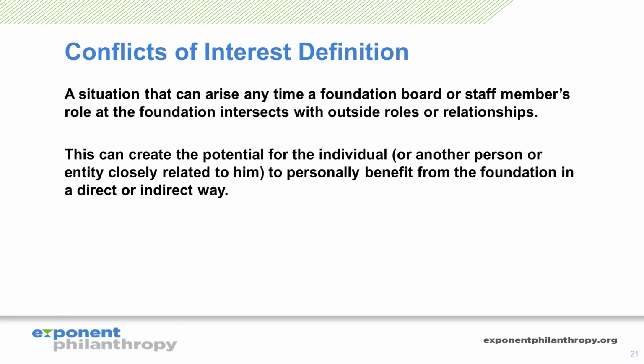Exponent Philanthropy has comparability data. They put that out in a publication. And there are other infrastructure groups that have comparability data as well. You can also pull some comparability data on your own by looking at 990s of other organizations, and you can get those from GuideStar. Just download them. And when the IRS does audit, and let's say it's an audit regarding compensation, they are going to be asking whether you looked at comparability data.